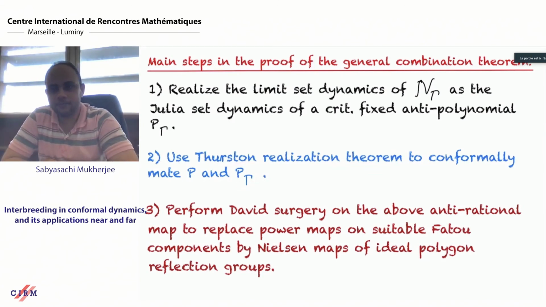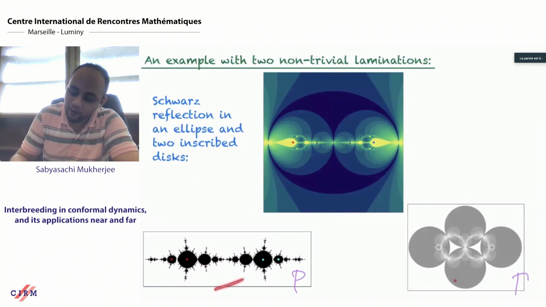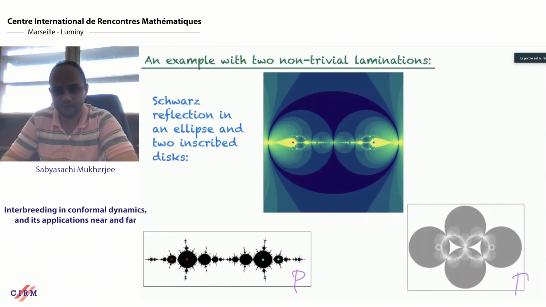But then the question remains, how do you achieve what you really wanted? You didn't really want to mate P with another polynomial. That's standard. How can I mate P with the Nielsen map of this group?